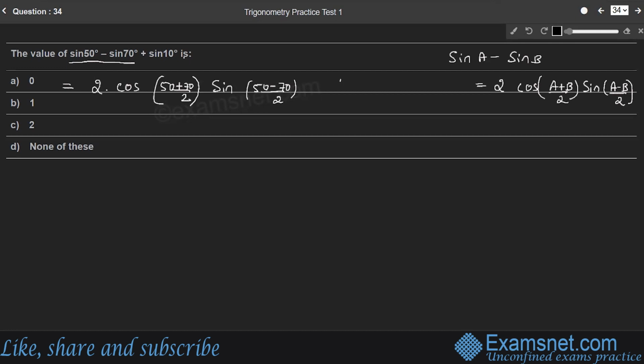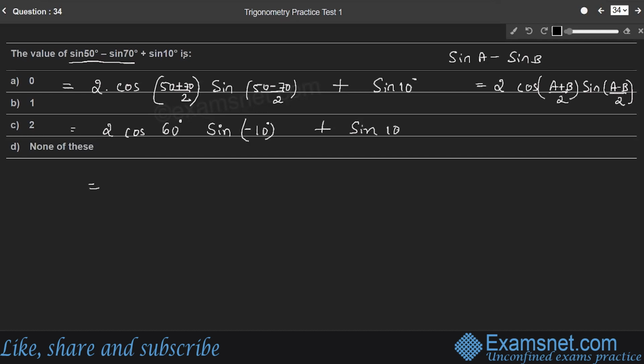Right? Plus the second term, sin 10 degree. So here 2 cos of (70+50)/2, which is 120/2, which is 60 degree, into sin of (50-70)/2, which is minus 20/2, which is minus 10 degree. Sin of minus 10 degree plus sin 10 degree.